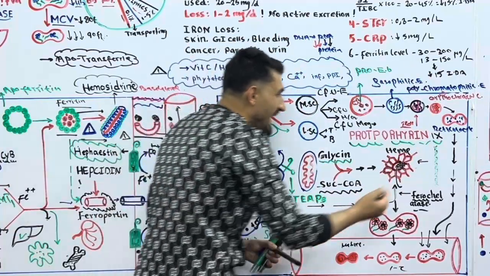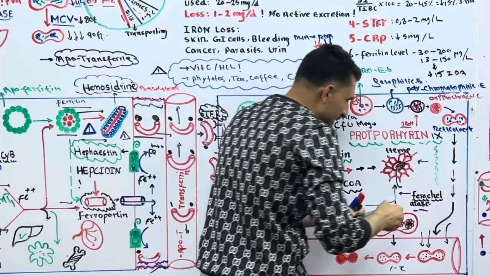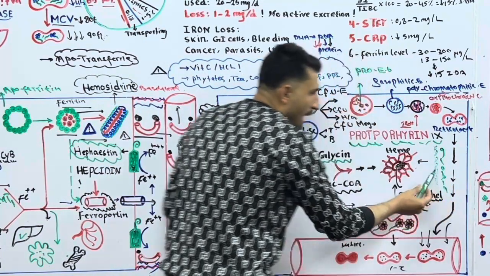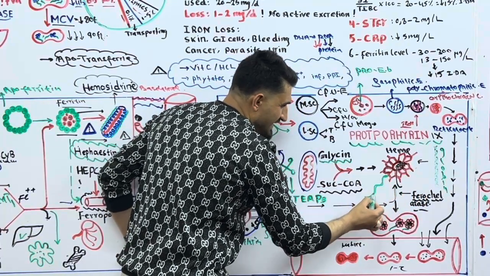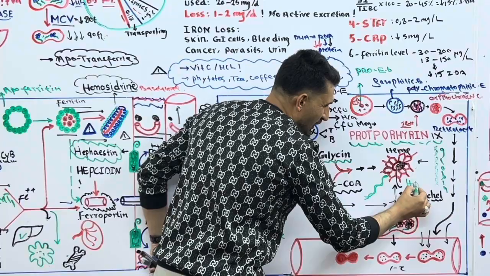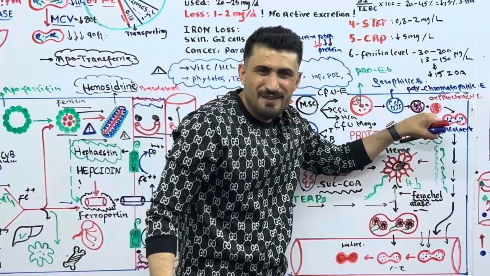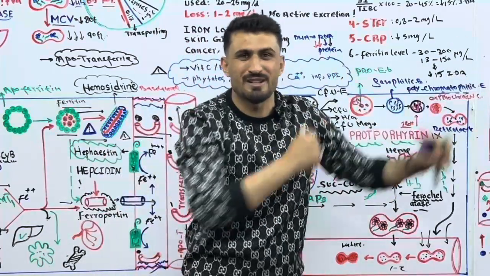Now we will add to it a chain of protein, which is called globin protein, and globin protein plus heme, both of them are called collectively hemoglobin. So that's why inside the RBC we have hemoglobin, and now this hemoglobin is ready to transport oxygen.